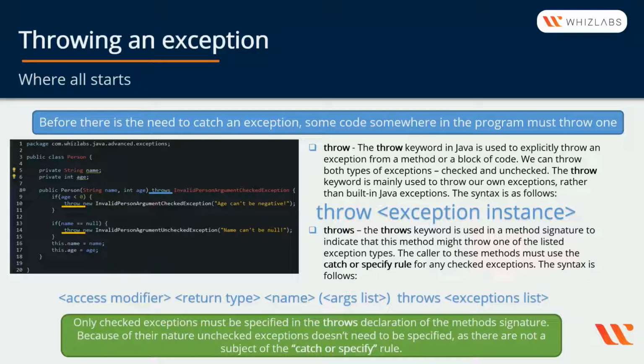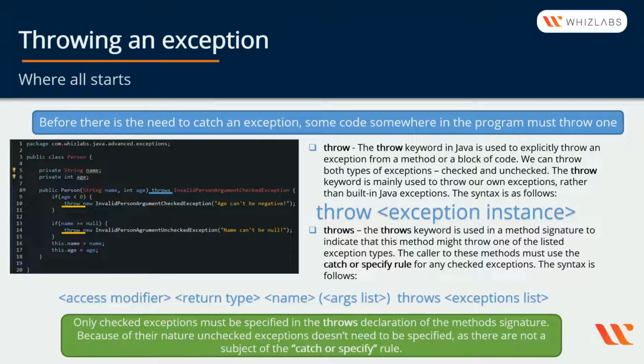The throws clause of a method may contain one or more exception types, separated by a comma. Only checked exceptions must be specified in the throws declaration of the method's signature. Because of their nature, unchecked exceptions don't need to be specified, as they are not a subject of the catch or specify rule.